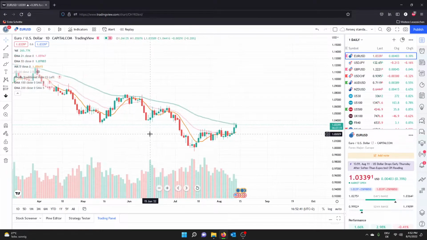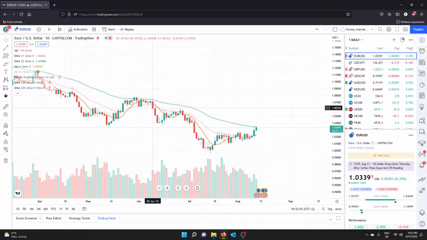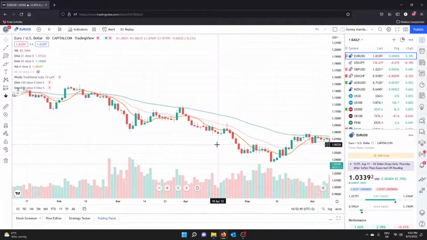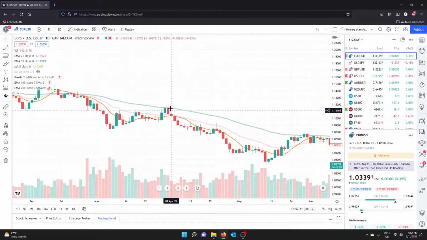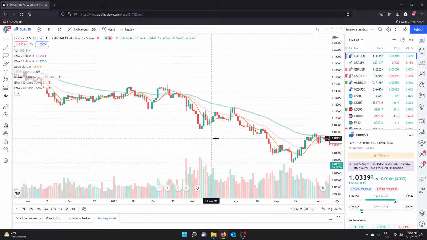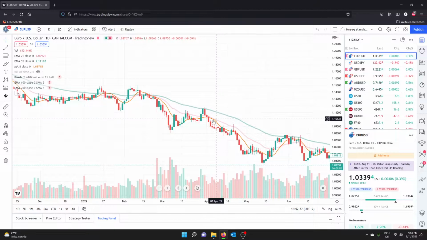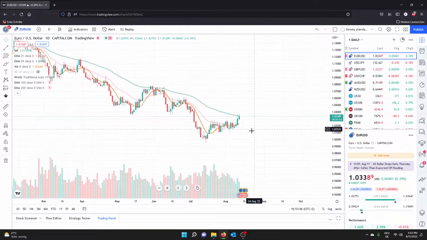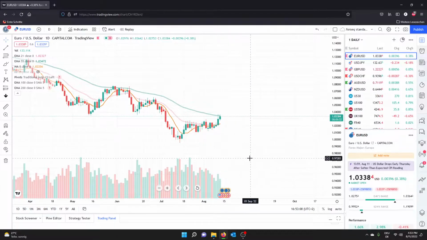Here you have a bearish candle in an area of value, or we look at this point, we see a clear bearish candle also in an area of value, right below this moving average, right below this previous area of support here. So I think it could be a nice short trade.